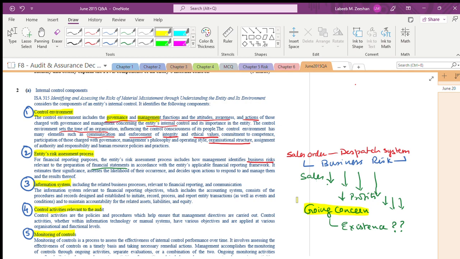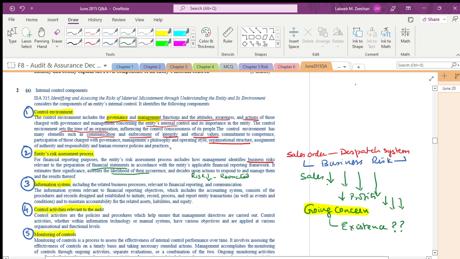Now, with the financial reporting framework, it estimates their significance and the likelihood of their occurrence. See the thing. If the assessment of risk shows the risk is less, you will do a restricted process.